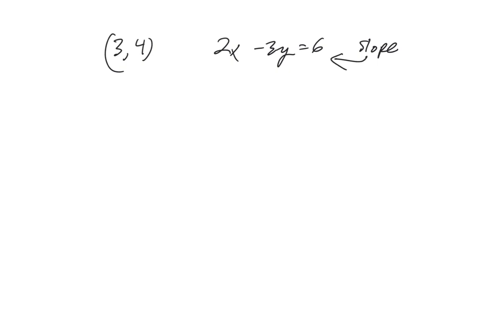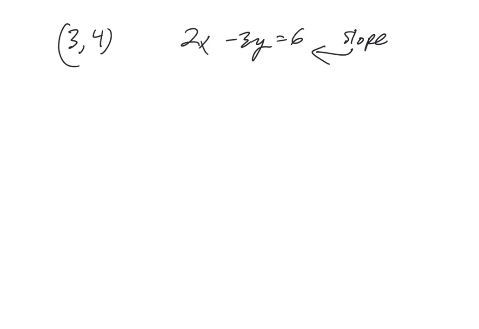So that's okay. For creating equations of lines, if I have something that goes through 3, 4, and it's perpendicular to this line, 2x minus 3y equals 6. First thing I have to do is figure out what the slope is of this equation. Most of us would probably put that into slope-intercept form.